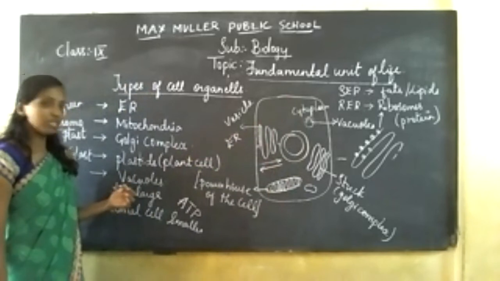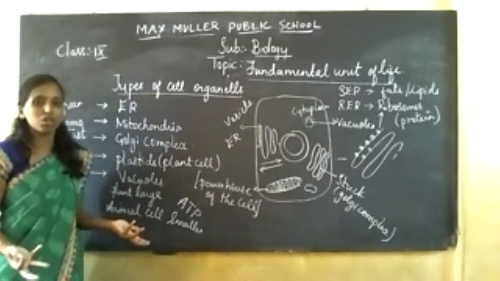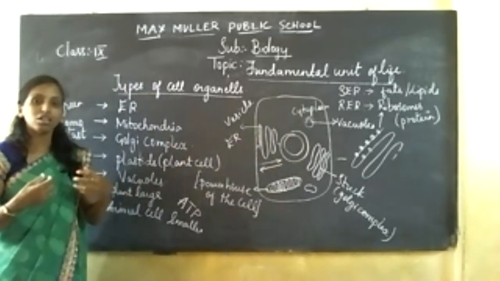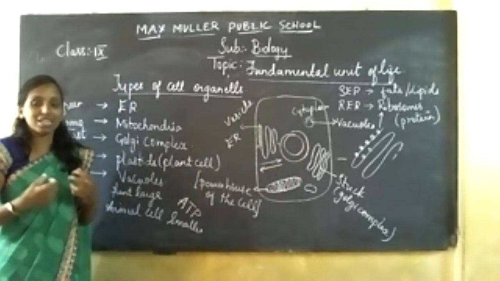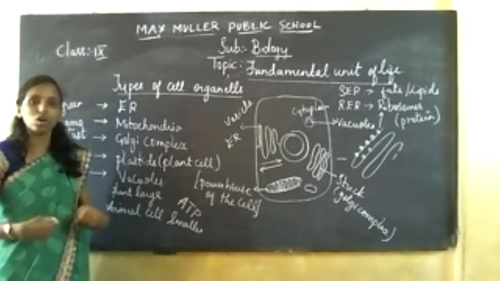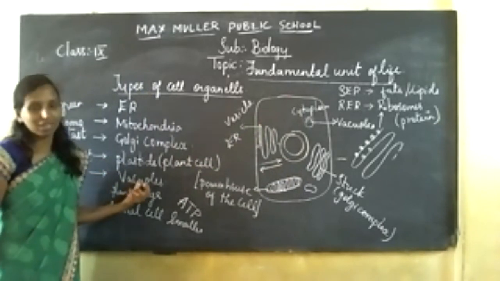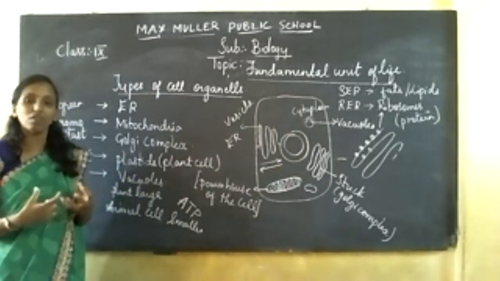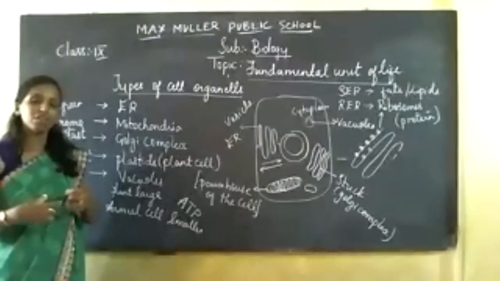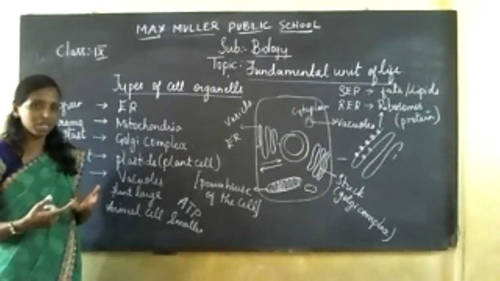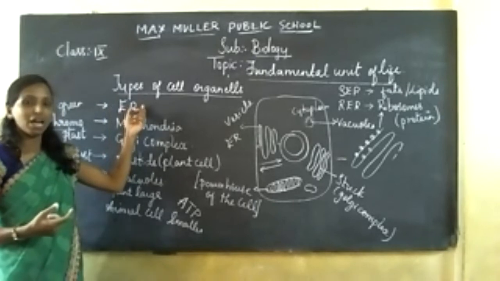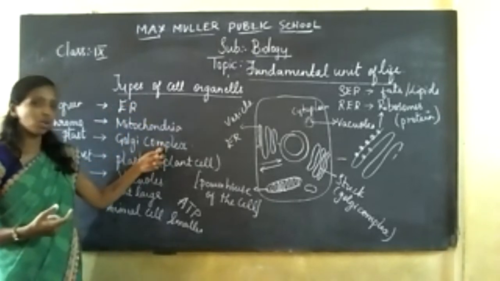So what is the work of these vacuoles? They are for storage. Like a stomach, the food bag is going to fill with all the food or the water, whatever is present, inside your vacuoles itself. And whenever protein synthesis should take place, they supply to ER, and after that ER enters inside your Golgi complex.